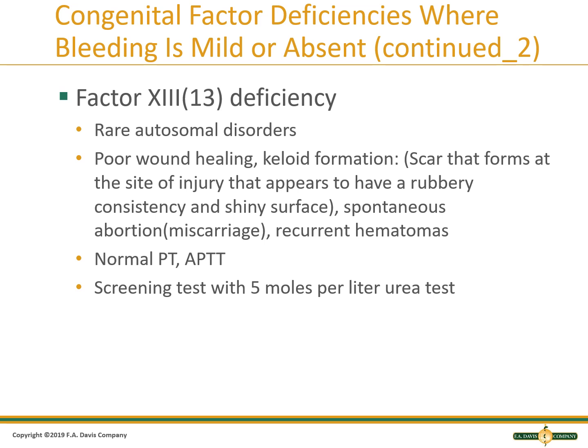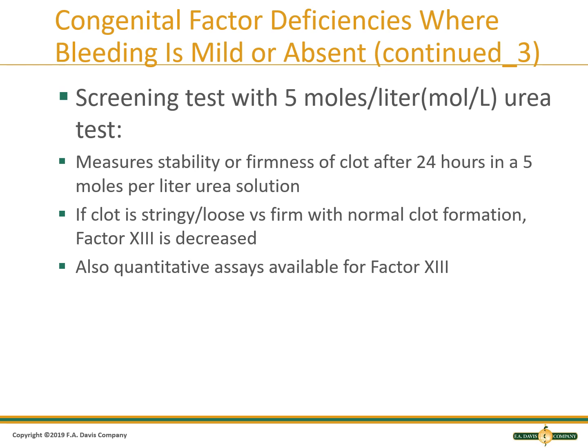With the factor 13 deficiency, the patient will have a normal PT and a normal APTT. So in order to further determine if factor 13 deficiency is a problem, there's a screening test called the 5 moles per liter urea test. The 5 moles per liter urea test measures the stability or the firmness of a clot after 24 hours in a 5 moles per liter urea solution.